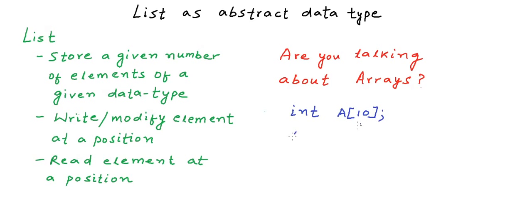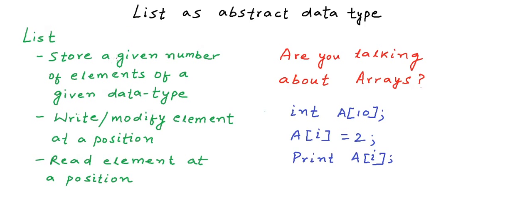I can write or modify element at a particular position. The elements are a0, a1, and are accessed something like this. We all know about arrays. And then we can also read elements at particular position. The element at ith position is accessed as ai. So array is a data structure that gives us implementation for this list.